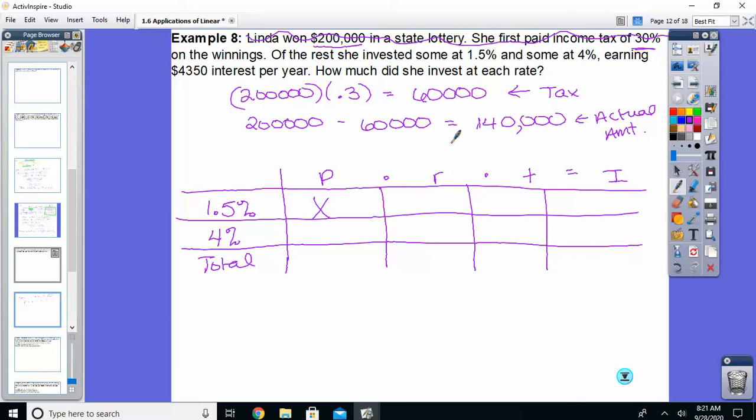What else do I know that would go in this column? Remember, she had $140,000 to start with, right? So that is our beginning principal. So that is the total principal, the total amount we have to begin.